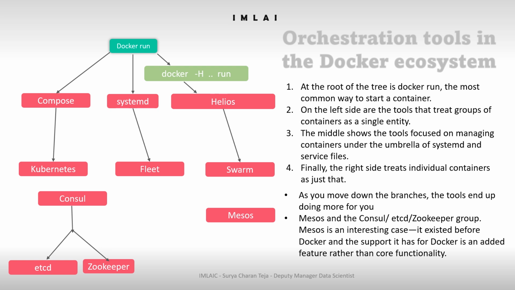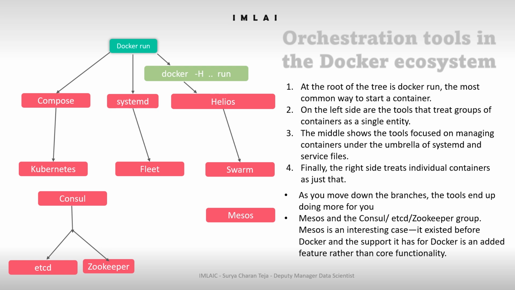It existed before Docker, and the support it has for Docker is an added feature rather than core functionality. It works very well though, and should be evaluated carefully, if only to see what features from it you might want in other tools.